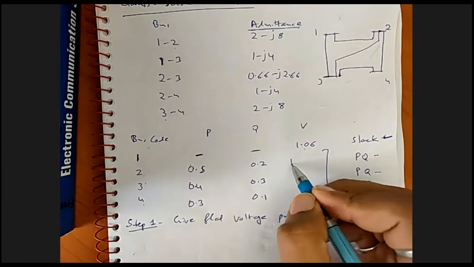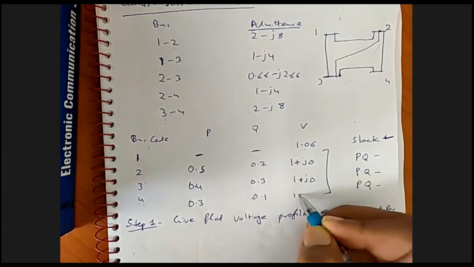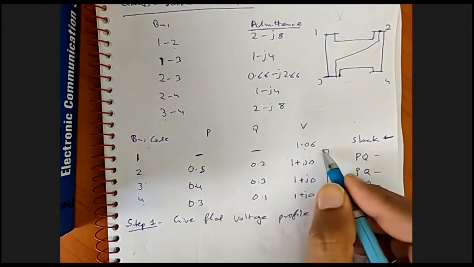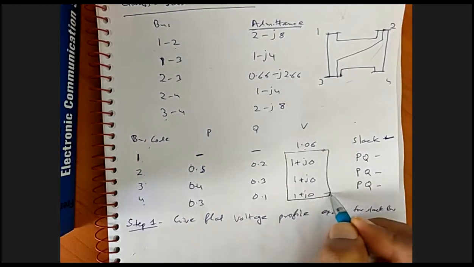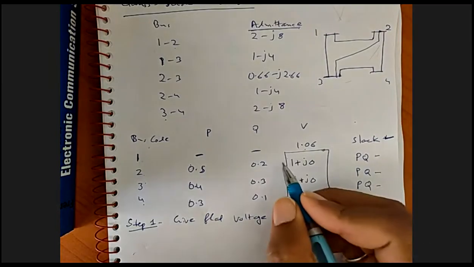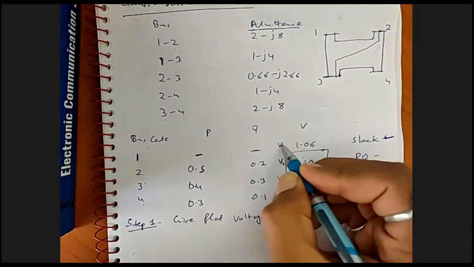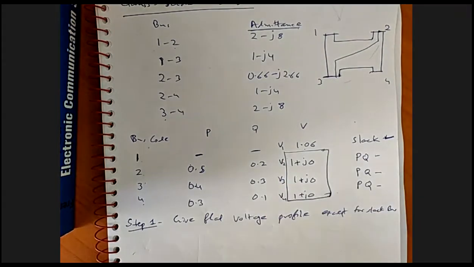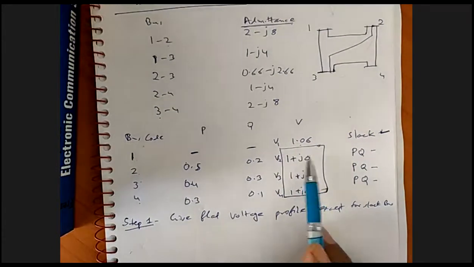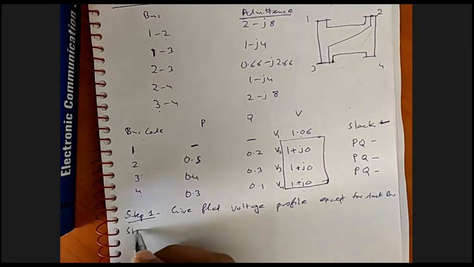So we will consider 1 plus J0, 1 plus J0 and 1 plus J0 at bus number 2, bus number 3 and bus number 4. So it will be V2, V3 and V4. This will be your V1. So initially we have considered all the voltages.